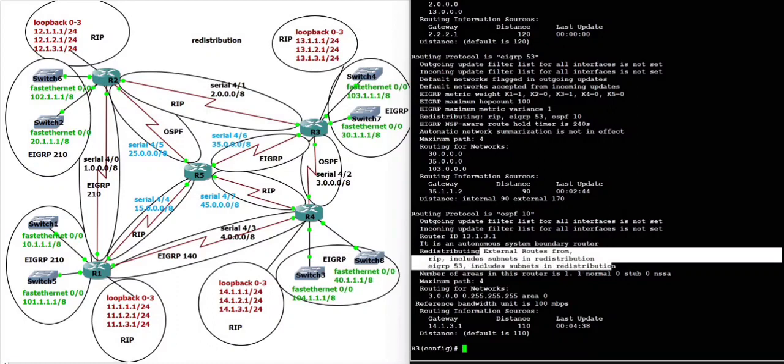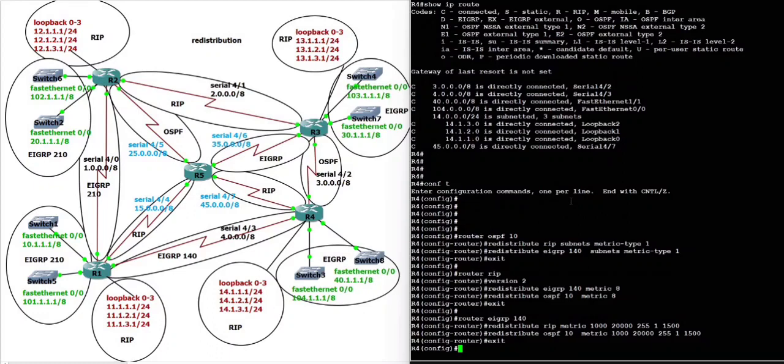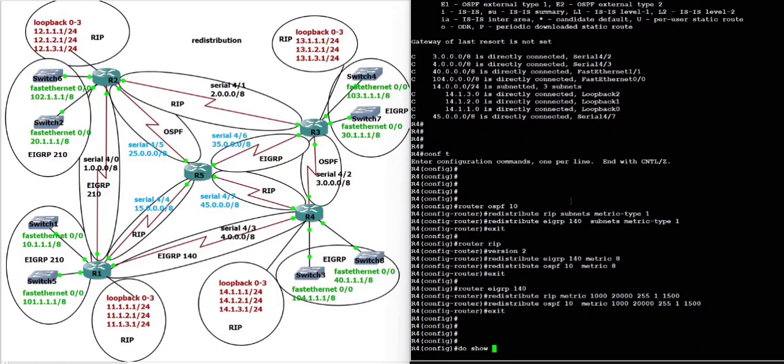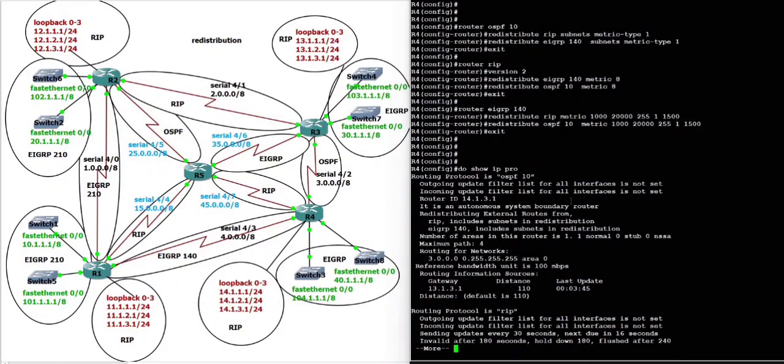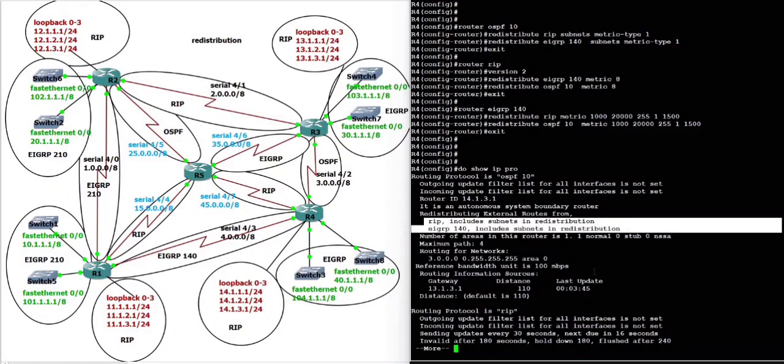Okay. On router 4 we show IP protocol. Here we have redistributing OSPF in OSPF 10, RIP including the subnet in redistribution and EIGRP 140 including subnets in redistribution.